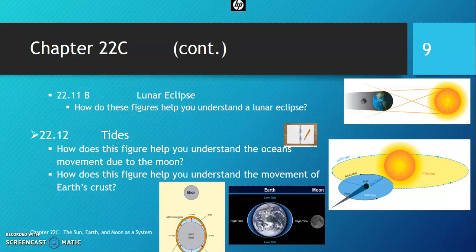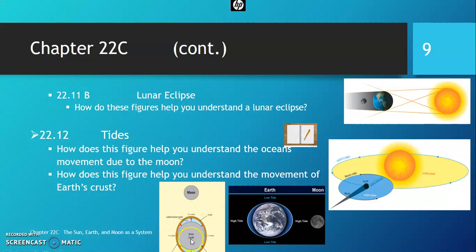I actually think this diagram works a little bit better. You can see the moon here, and the orange around the outside represents the Earth's crust. And you can see that the crust is being stretched out towards the moon.